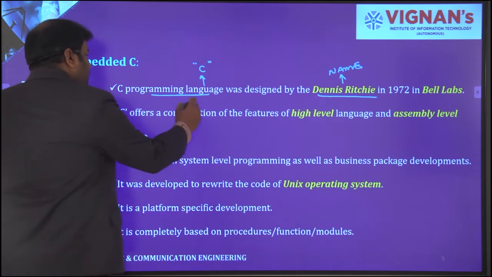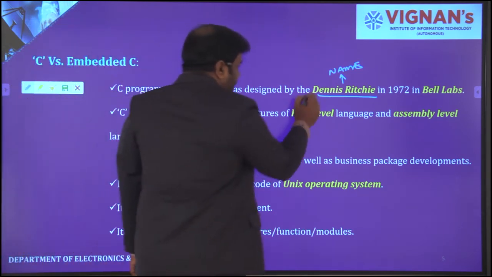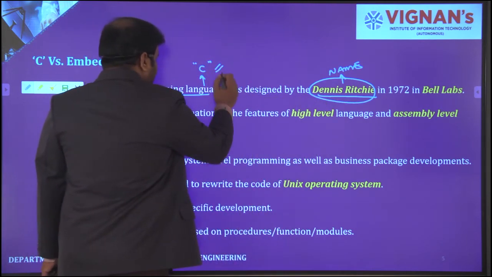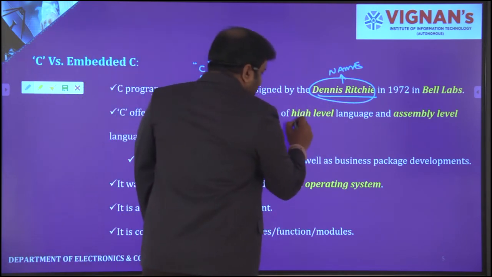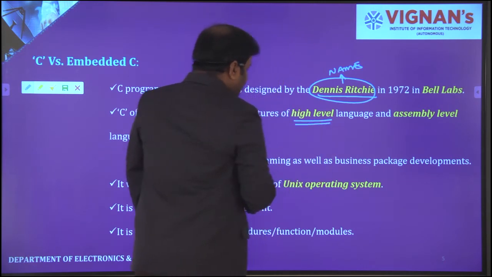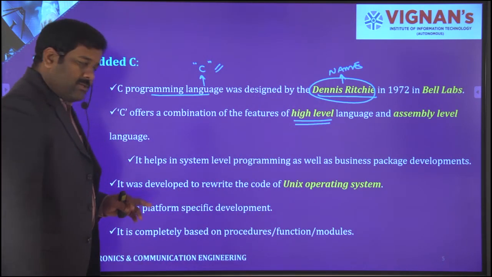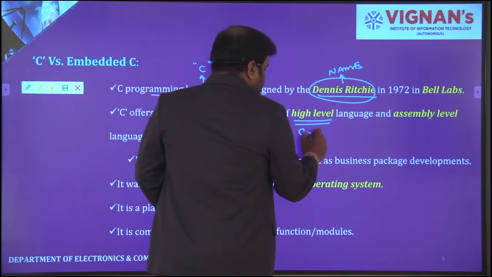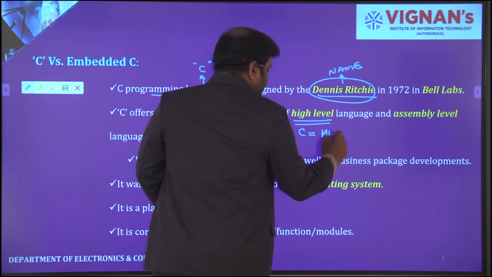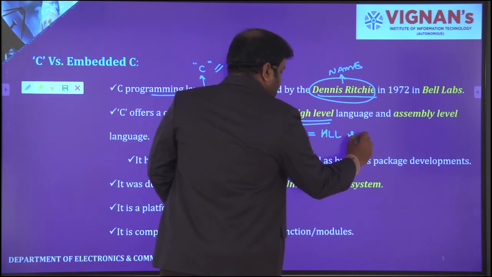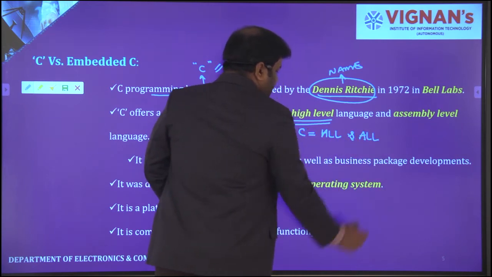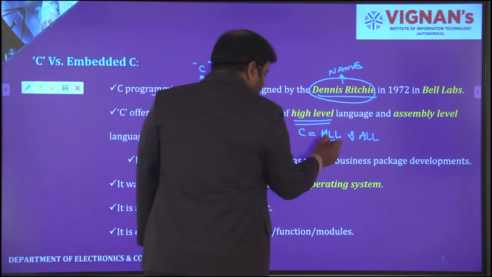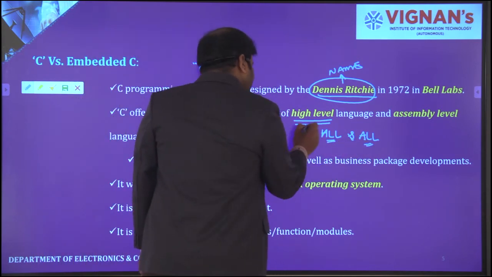The language proposed by Dennis Ritchie, C, will support high level language and assembly level language. I mean, by using C you can generate code using high level language and assembly level language, and both can be implemented by using C language.